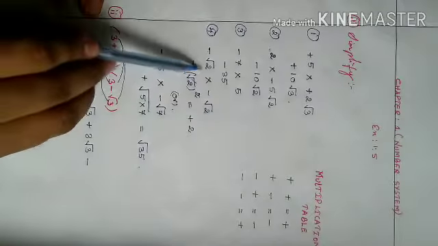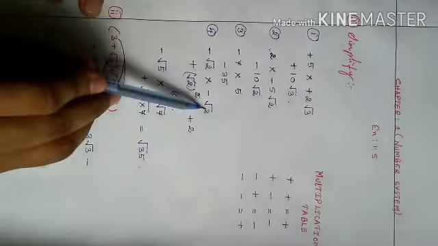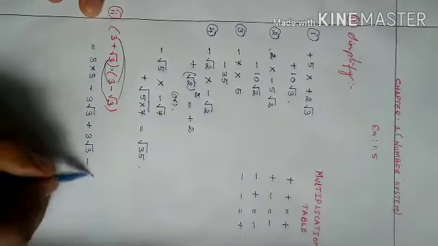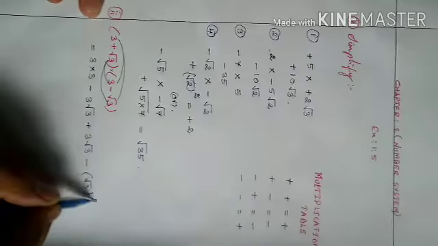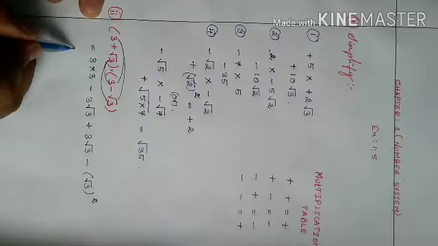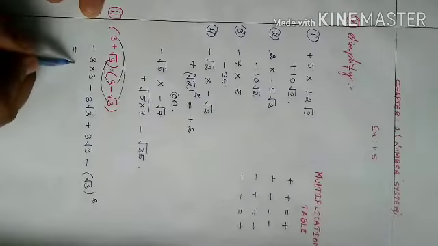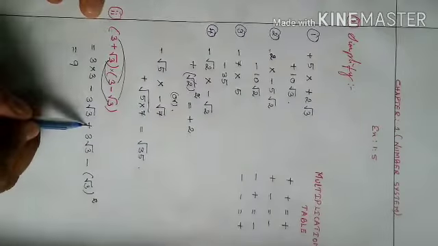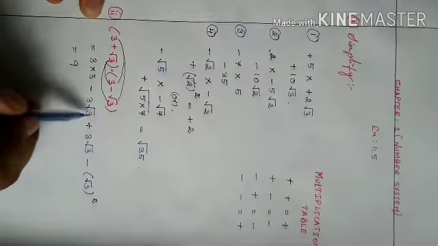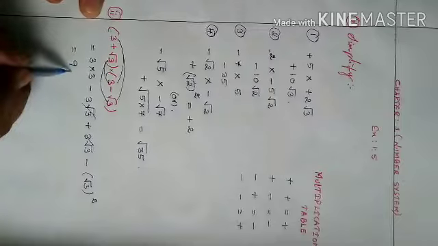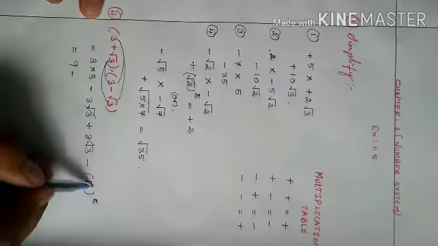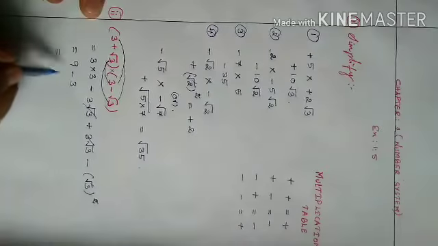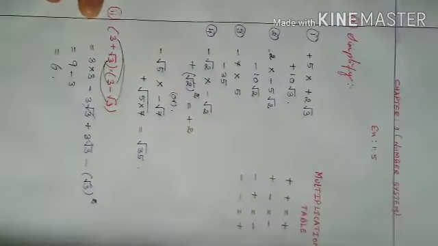Already we have seen root 2 into root 2, root 2 whole square, 2. Like that we can write root 3 whole square. So we know 3 into 3 is 9, and minus 3 root 3 here, plus 3 root 3, both will cancel. Here minus root 3 whole square, the root and square will cancel, 3. So we'll get the answer 9 minus 3, 6.